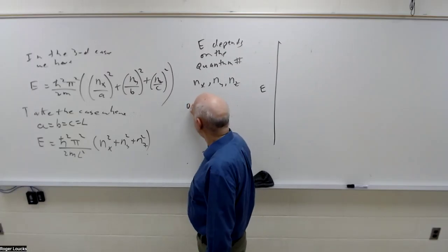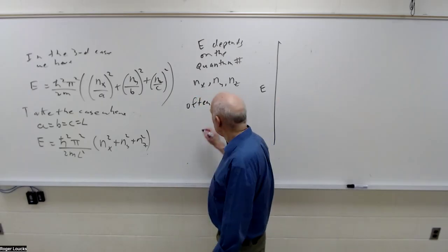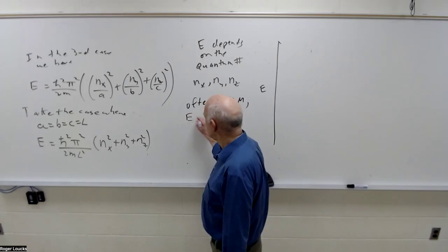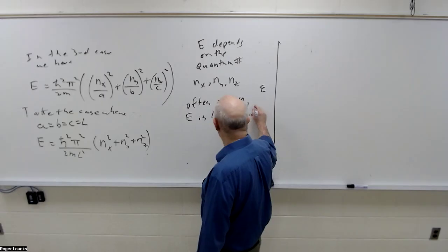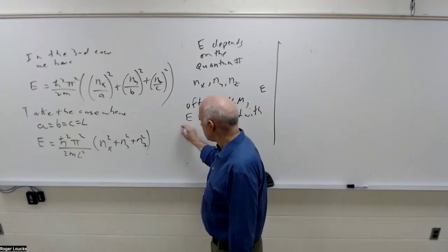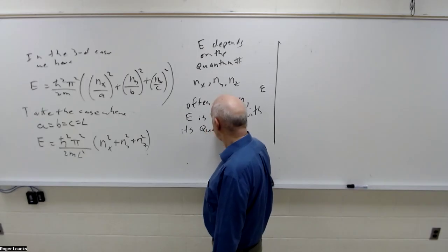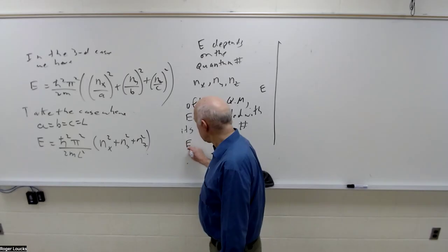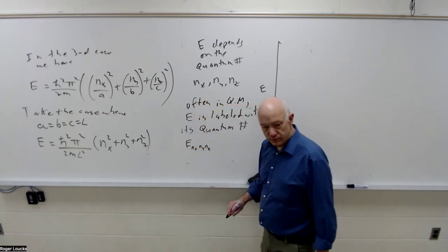So often, meaning almost every time, in quantum mechanics, E is labeled with its quantum numbers. So I call this E of nx, ny, nz.